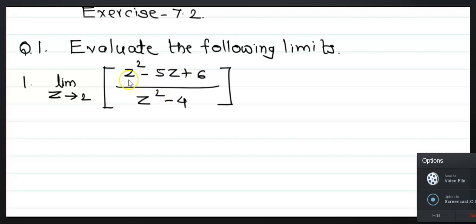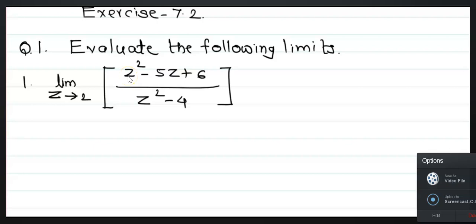And then one factor will cancel from the numerator and the denominator. Which factor? z minus 2 will be the cancellation factor. And if we cancel it, then our problem is solved.